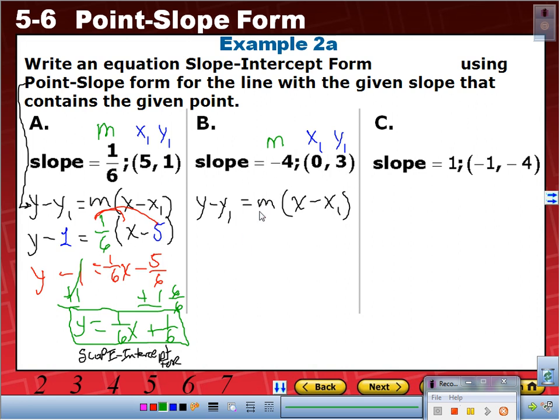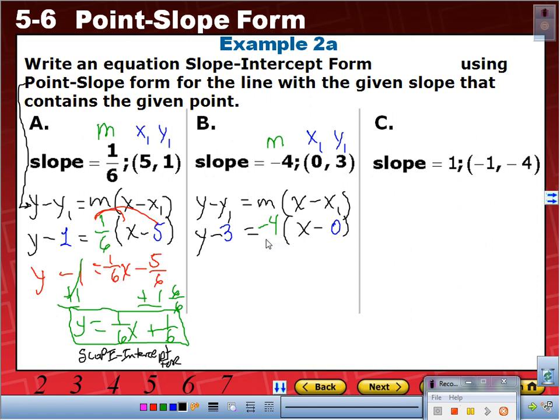Yes. So what do we write for m? Negative 4. What do we write for x sub 1? 0. And what do we write for y sub 1? -3. Positive 3. And I bring everything else down: the y, the minus, the equals, parentheses, the x, the minus, and the parentheses.